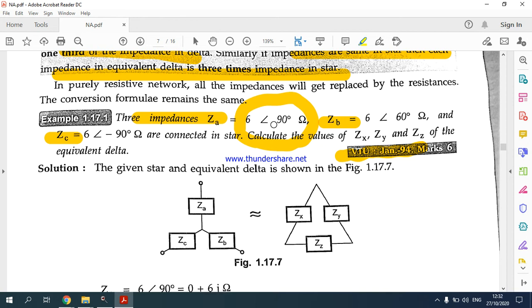In the previous class also I told you many times, if you want to do multiplication or division, your result should be in which form? Polar or rectangular?